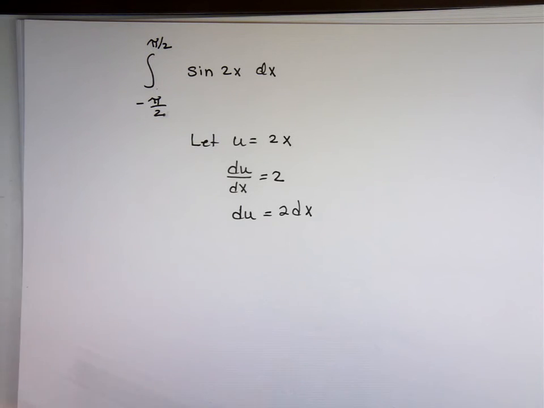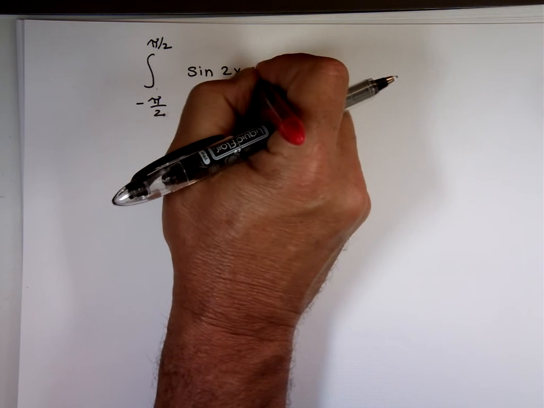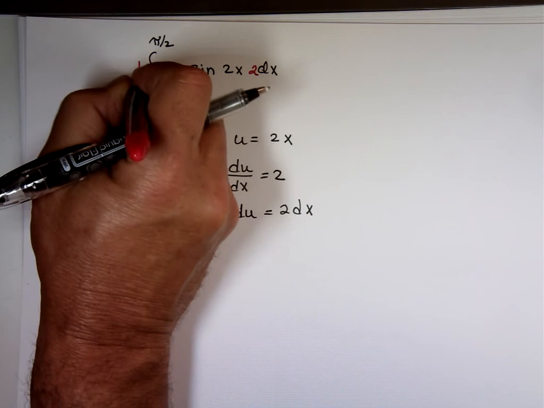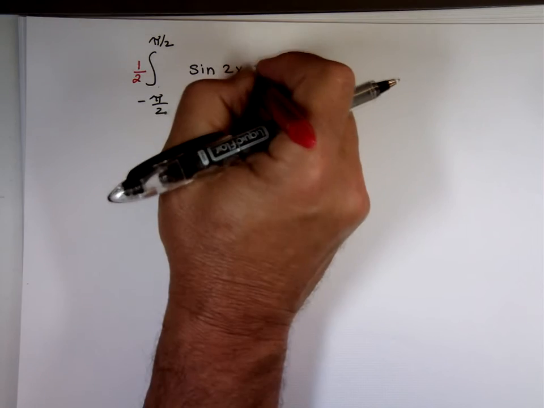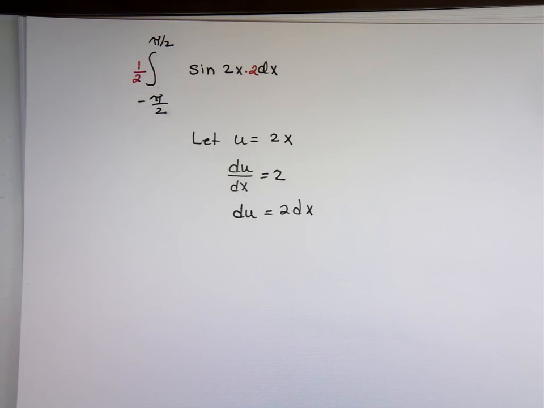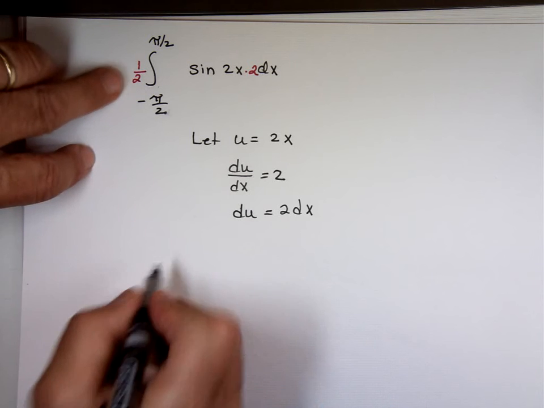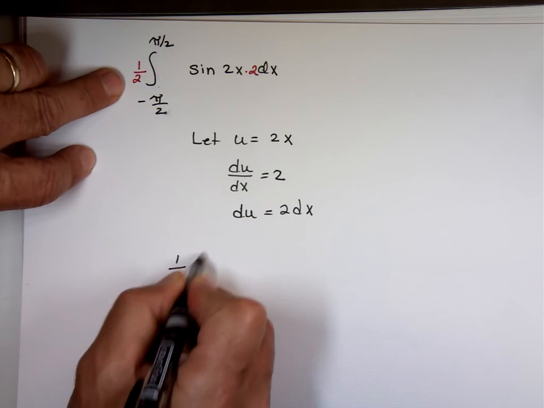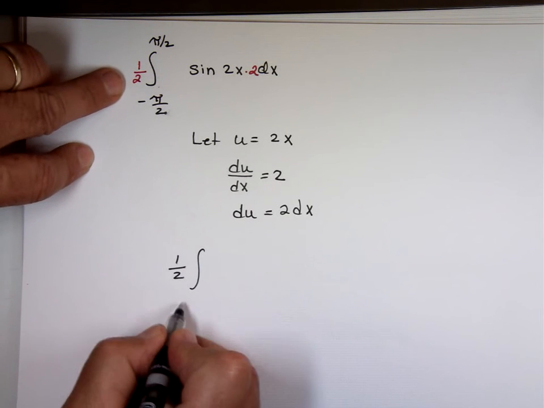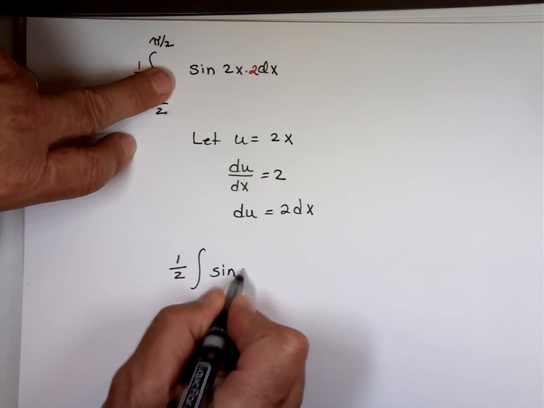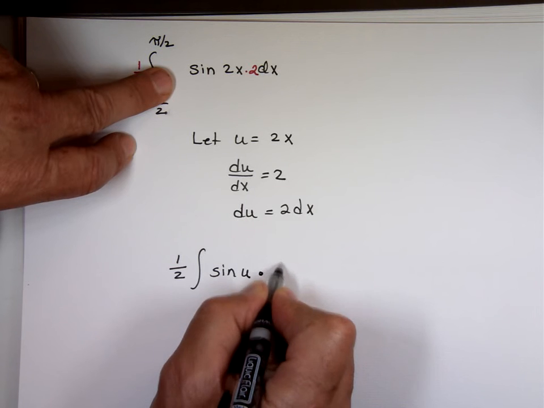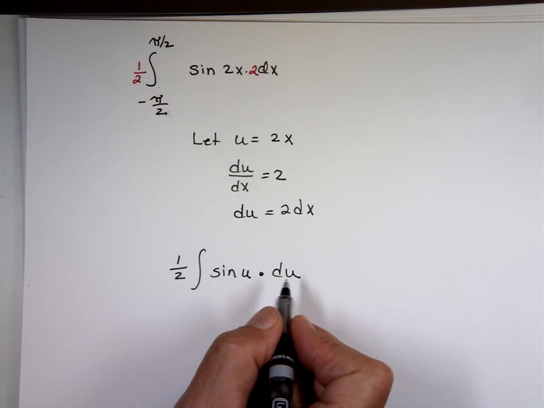I can make that a 2 and put a 1/2 in the front. So this will be 1/2 sine 2x, that's going to say sine of u times du.